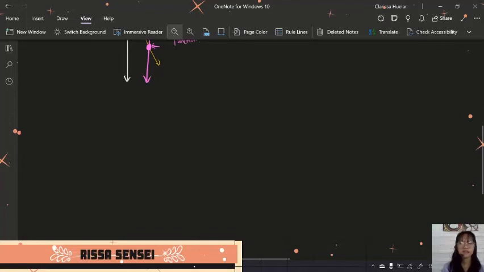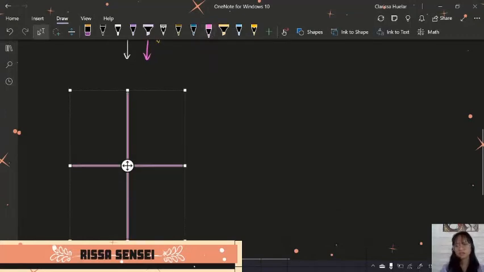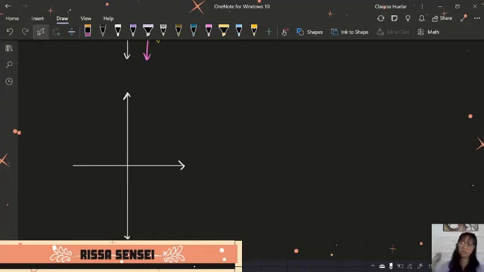So, draw ulit tayo ng x and y axis. Wala kasi yung aking mouse, kaya kita nyo ang aking background, it's different. Okay. So, I'll draw another graph. Itong graph na to.